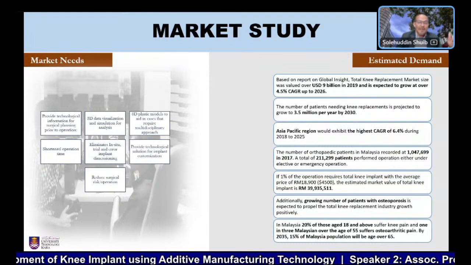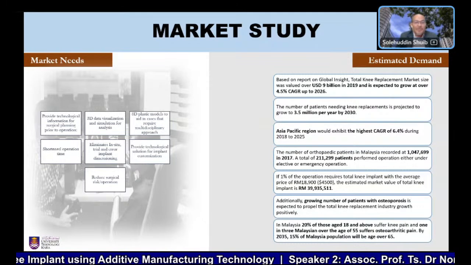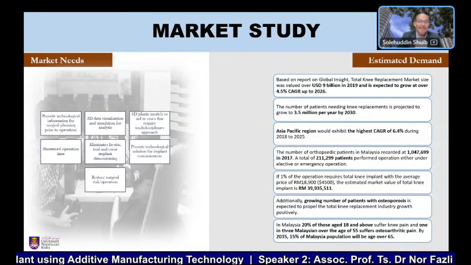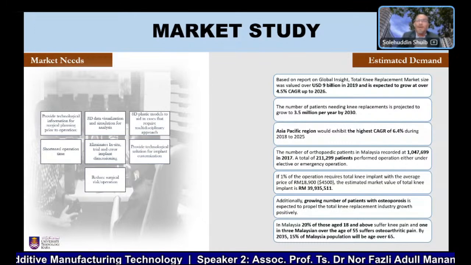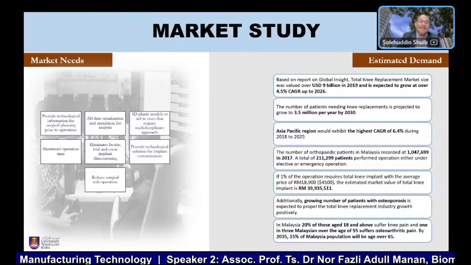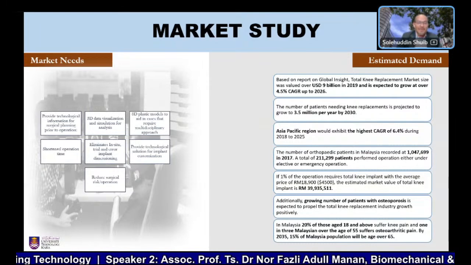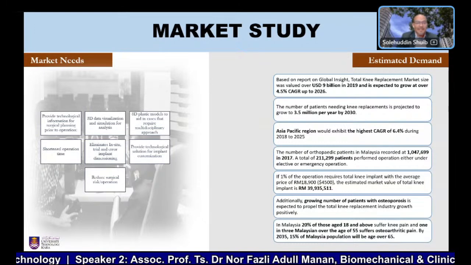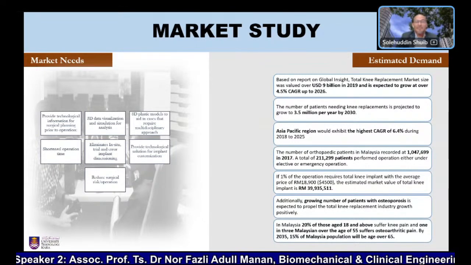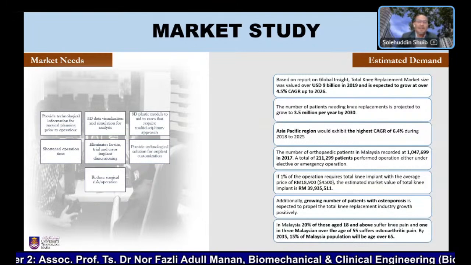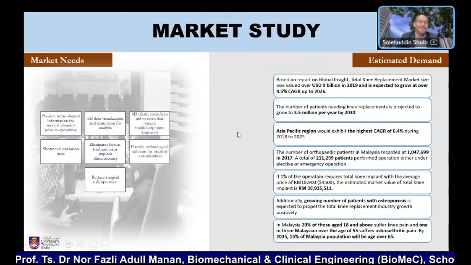In addition, there is a growing number of patients with osteoporosis, which is also expected to propel the total knee replacement industry growth positively. And last but not least, we are talking about our aging population. By 2035, 15% of the Malaysian population will be aged 65 and older.